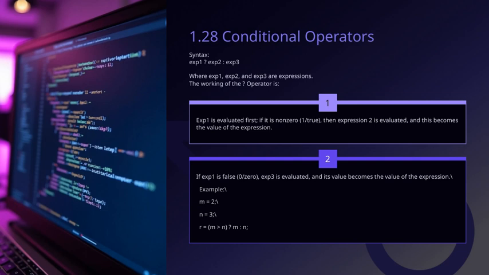So, the expression after the colon, which is n, gets assigned to r. This compact form is very useful because it allows us to make decisions and assign values in a single line, keeping our code clean and efficient. So, the key takeaway here is that the conditional operator is a concise way to perform simple if-else logic, especially useful for assignments based on conditions.